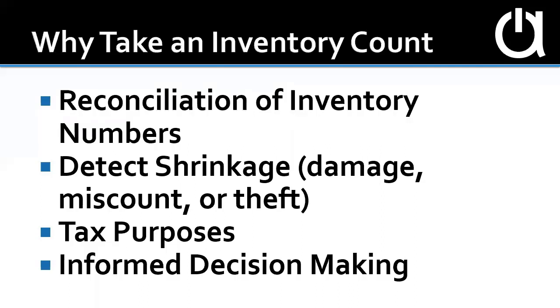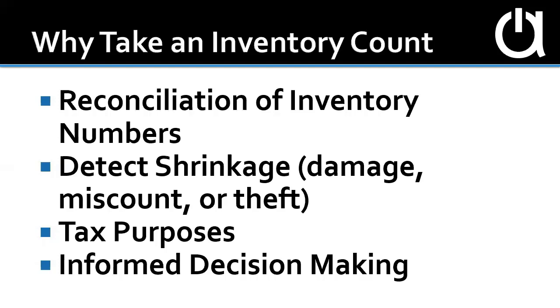It's also important to do a count periodically to detect any unaccounted for shrinkage. So things that you haven't done an adjustment for yet in Acctivate. We need to account for those now. Items that were damaged, miscounted, maybe they fell behind a shelf somewhere, or stolen. Those things need to be taken out of your inventory.